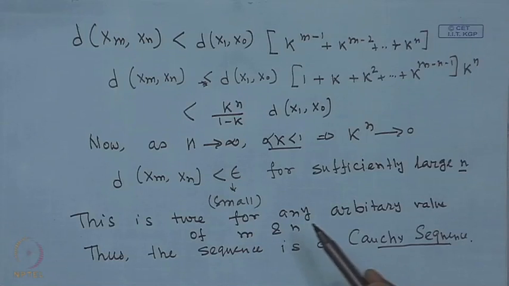So, we have already proved using contraction mapping that for the function f, metric between f x m and f x n, for sufficiently large values of m and n, if it is less than k times metric between x1 and x0, it will be converging to a fixed point x naught. That shows, using contraction mapping, how one gets a converging sequence.